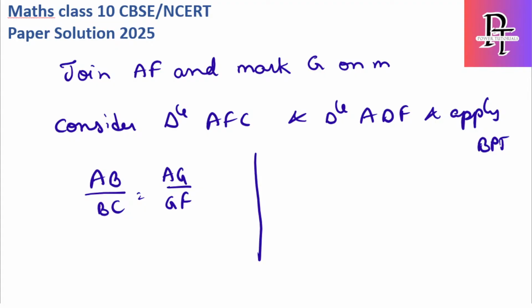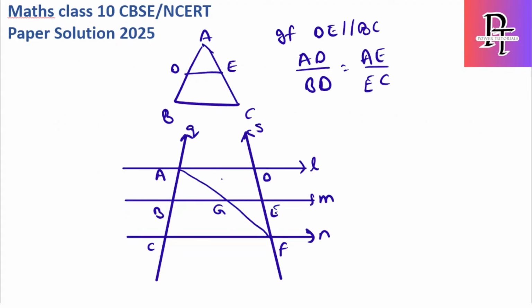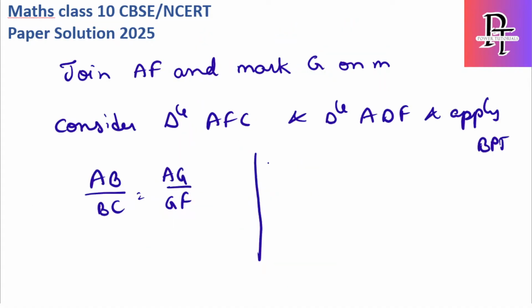Same way apply for triangle ADF. Now it becomes AG by GF is equal to DE by EF, AG by GF is equal to AD by DF. Okay, so this is 1 and this is 2.